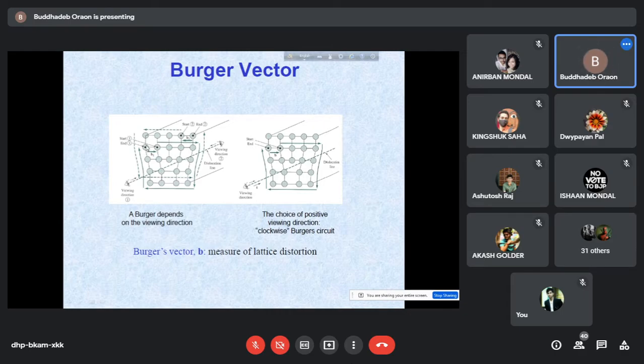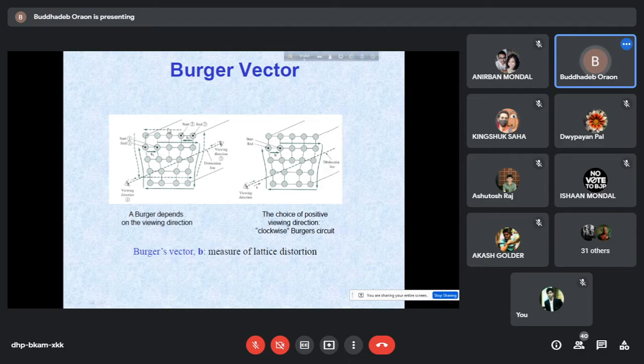Now look at this particular point, that starting point and the ending point are not actually coinciding. If the crystal is perfect, if there is no defect, then if you form this type of loop, obviously the starting point and end point will coincide, and the value of the Burgers vector will be equal to 0.